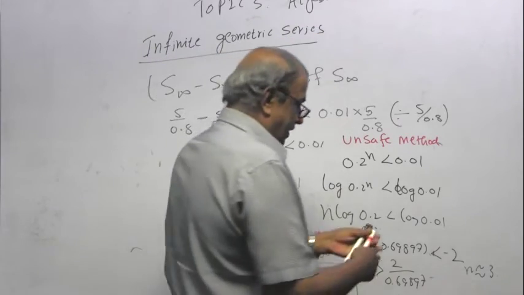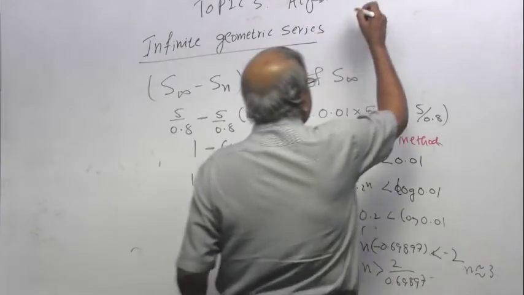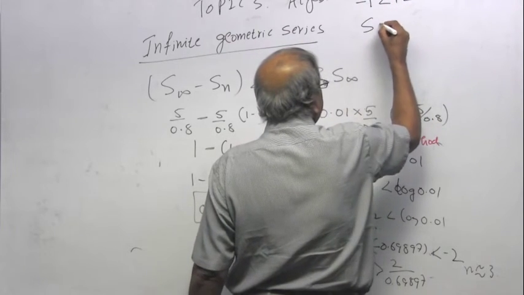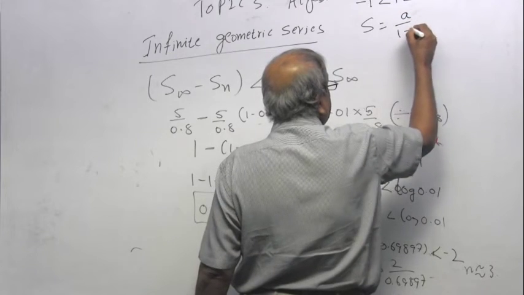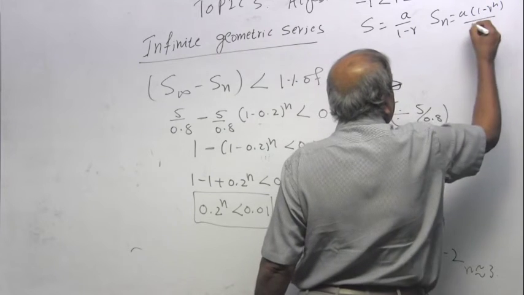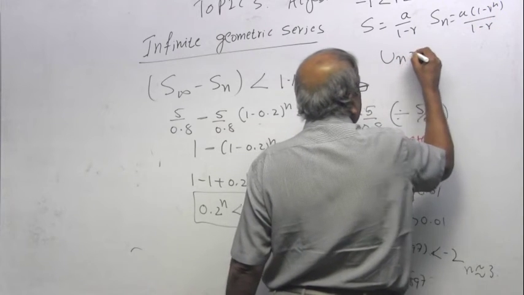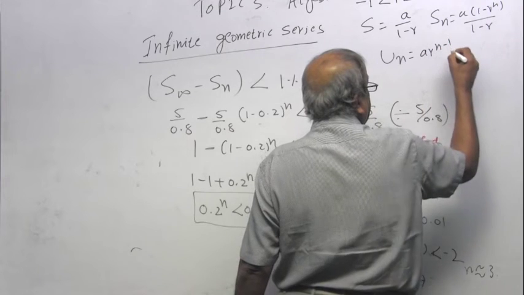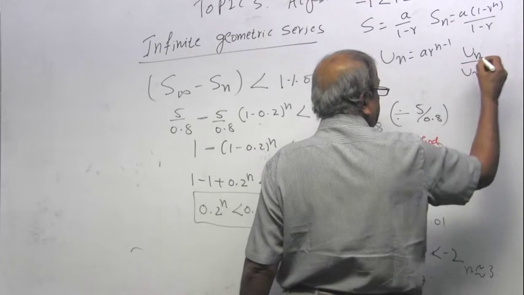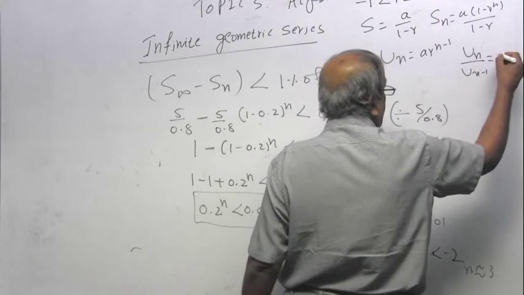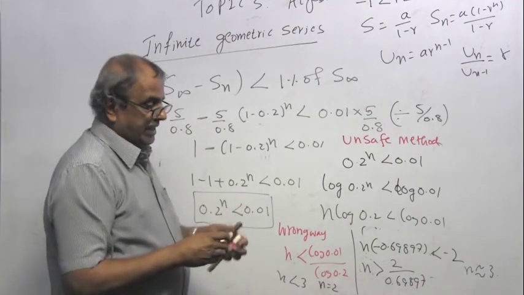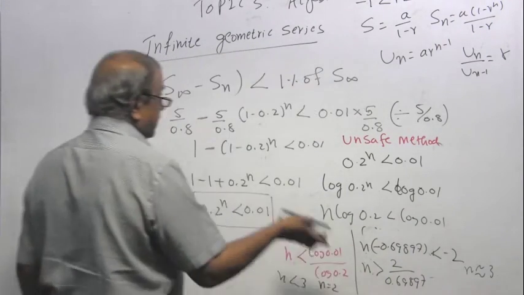In fact, to make it easier, I will also say -1 less than r less than 1, and then S equals a over 1 minus r, Sn equals a times 1 minus r power n over 1 minus r, un equals ar power n minus 1, and then un over un minus 1 is equal to r. I need all that information, so I'm just putting it there, where a is the first term. That's for the next lesson.